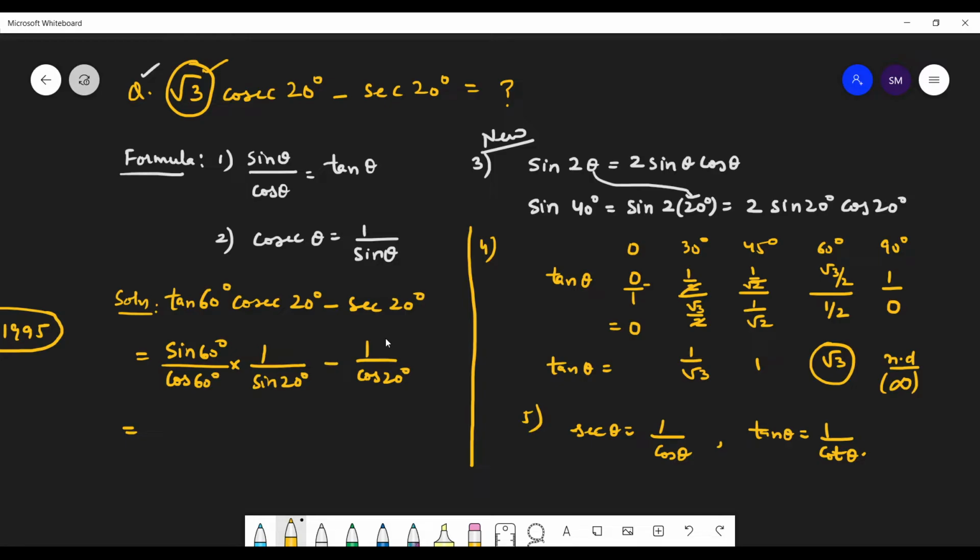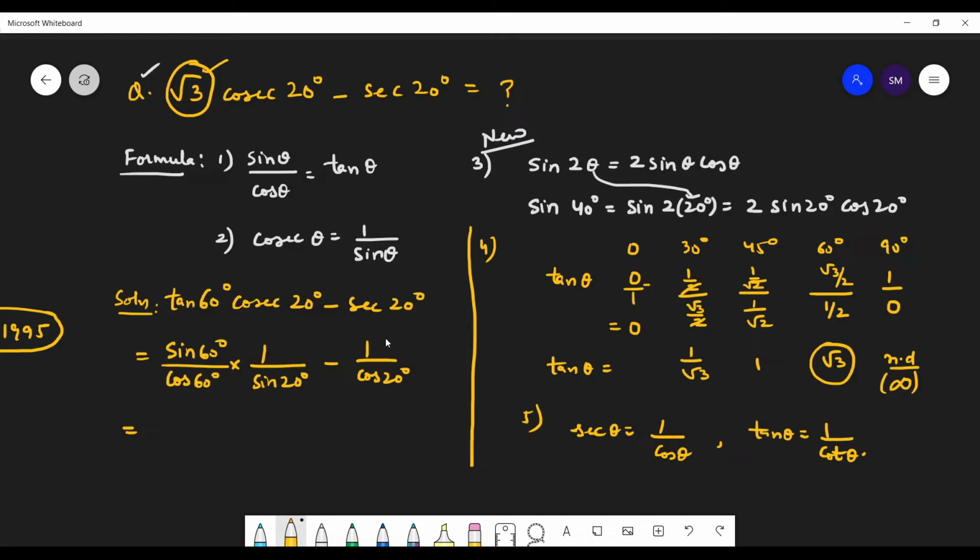Okay. Now this is a new formula that you have not studied up to 10th class. New formula for you students. So what's this new formula? Sine A plus B. What's this formula? This is sine A cos B plus cos A sine B. So these are the two new formulas.